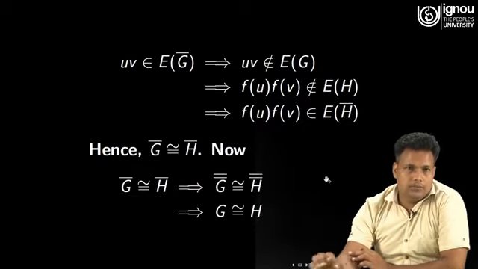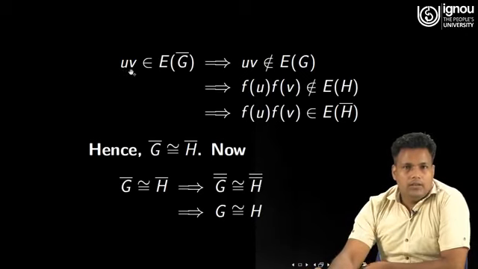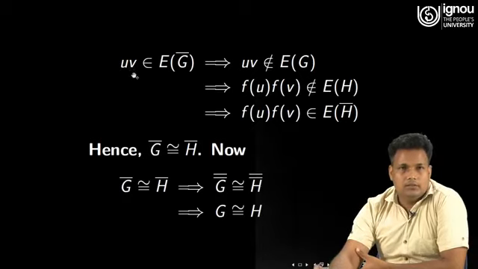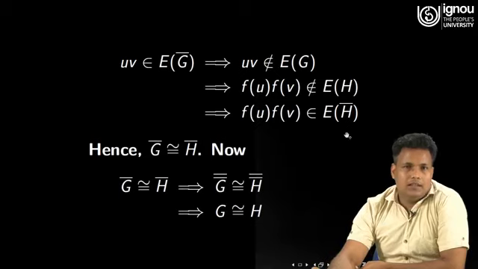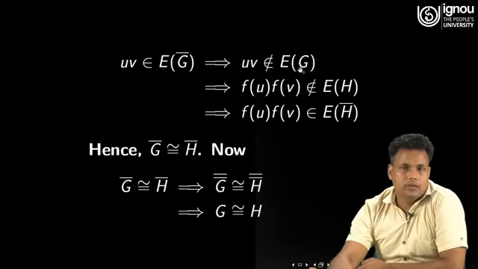So we just pick any edge uv in G bar and show that the image of this edge under F is an edge in H bar. So uv an edge in G bar means that uv is not an edge in G, right?